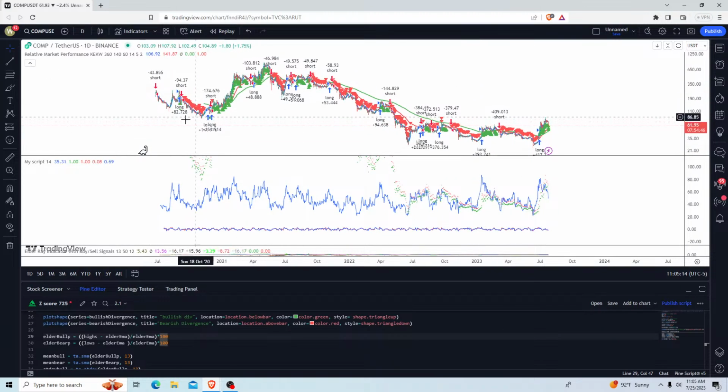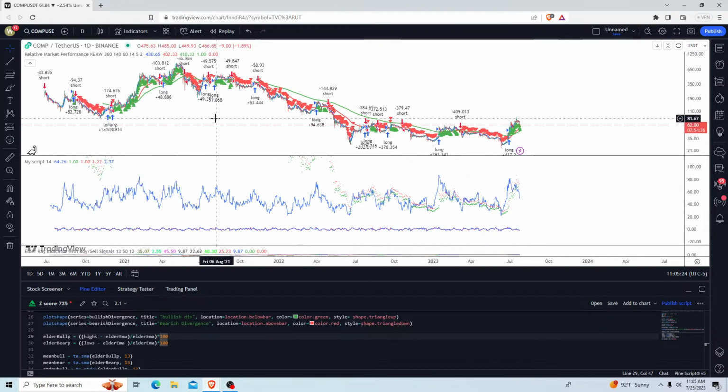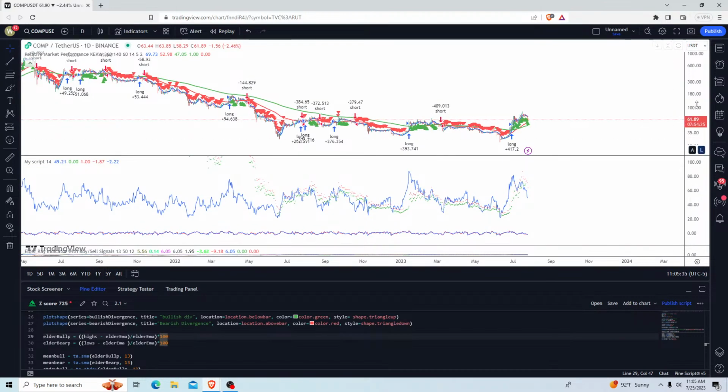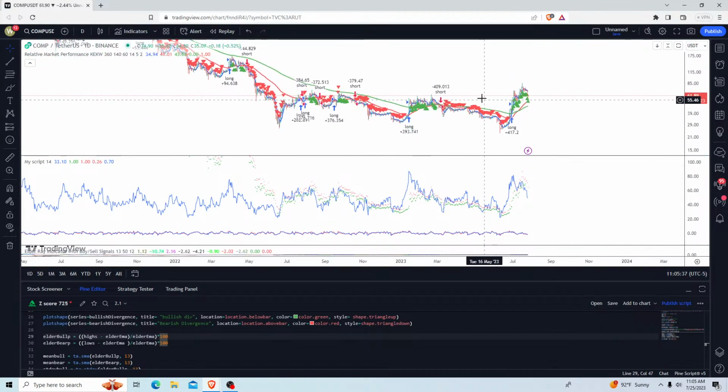And now we're in this phase right here. So now we are breaking out on Comp, actually, on this daily chart, because this indicator, this blue line, is really nice for seeing these divergences.